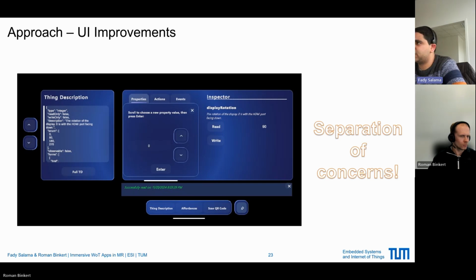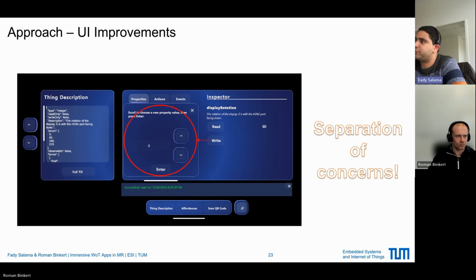We had some feedback for the first iteration, which we tried to solve. The first was the scrolling was not that nice, so we scrolled better. Then we had a separation of concerns, in the way that the inspector is only there just to inspect, so only to show.